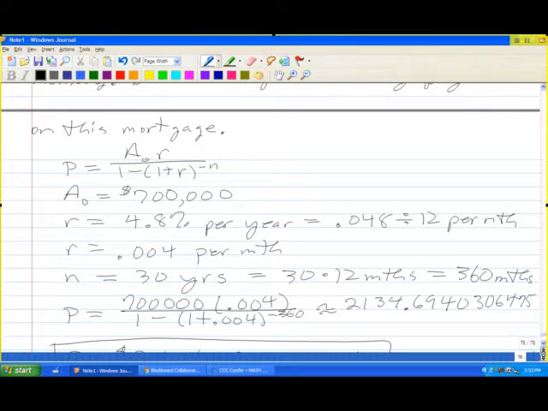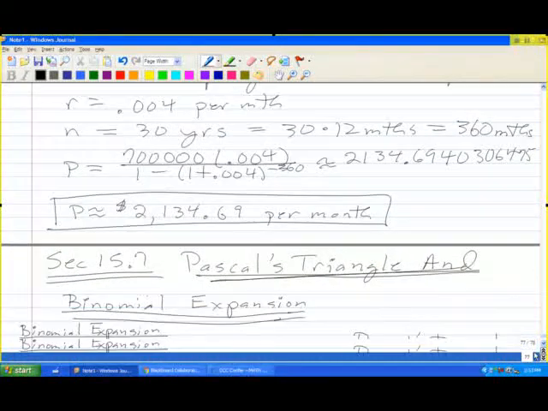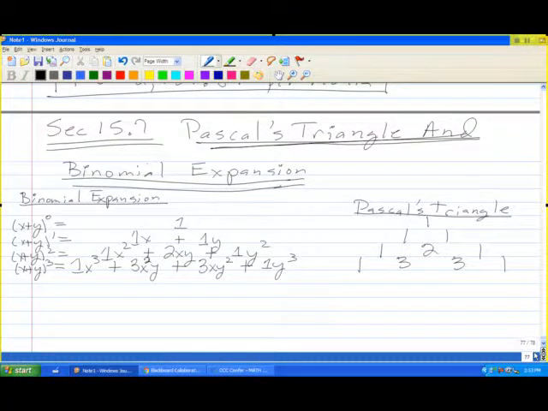Now, if you look here, these coefficients are just, actually, let's see here. Maybe I'll do it this way.